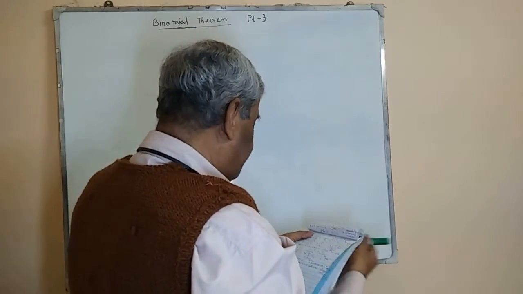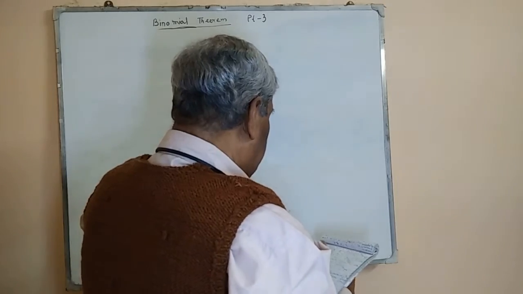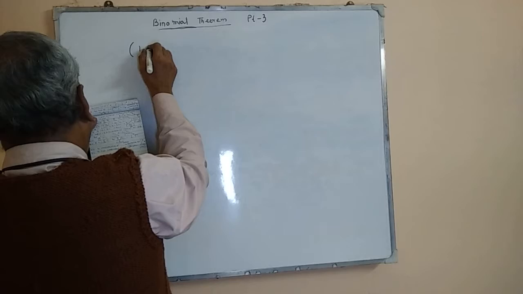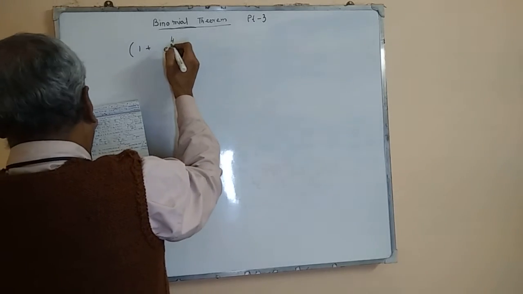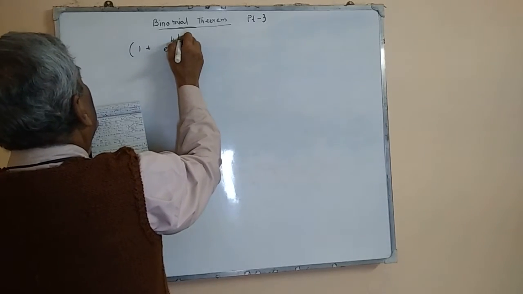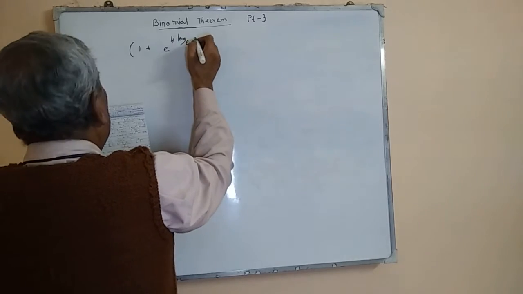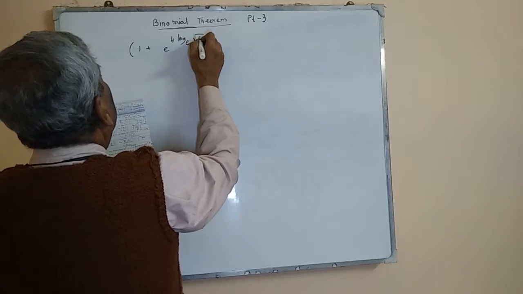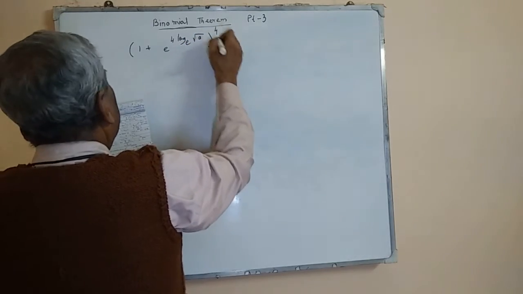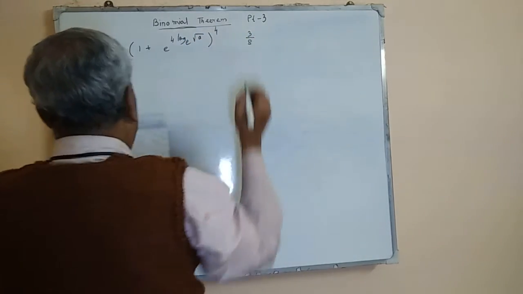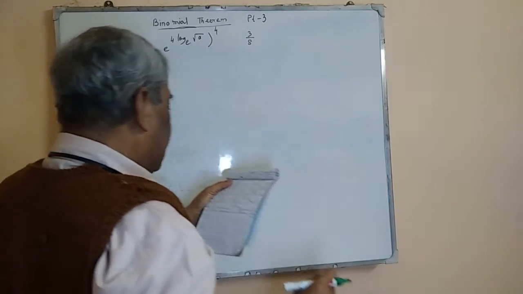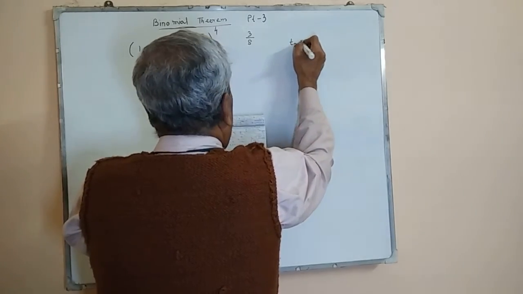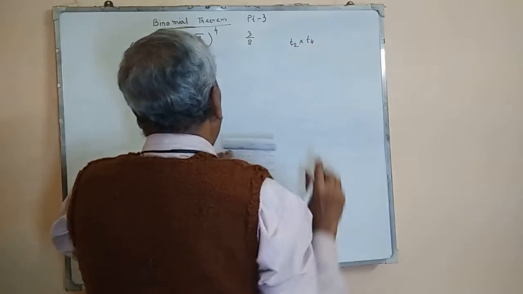Next problem is, if third term of 1 plus e to the power 4 log base e root over a, whole to the power 4 is 3 by 8, then the product of second term and fourth term is how much?